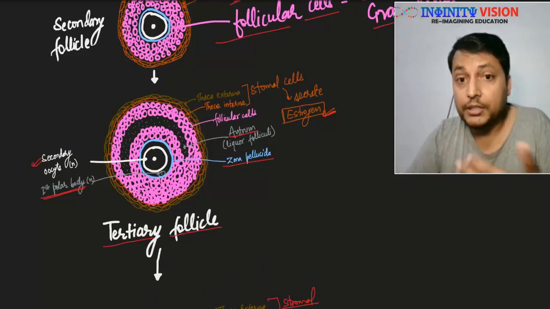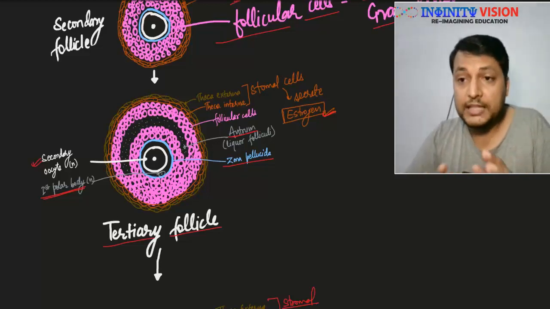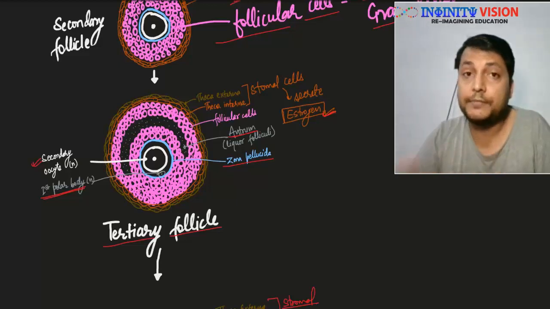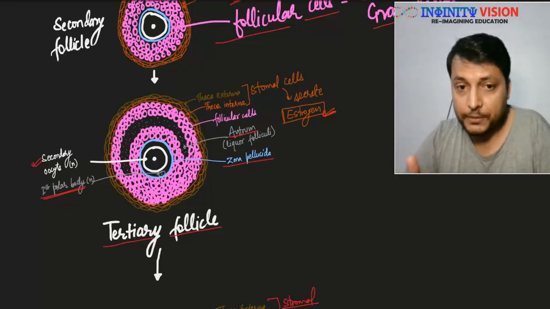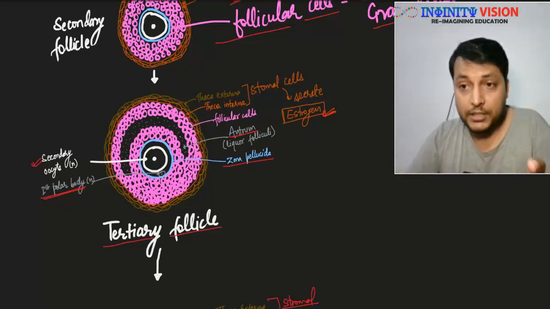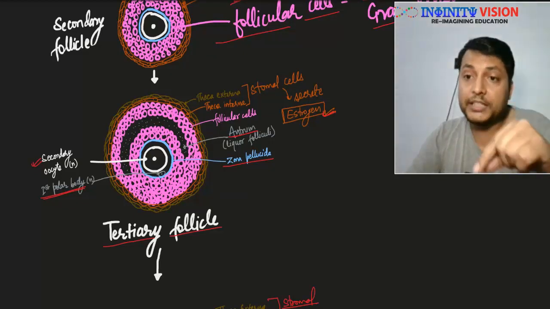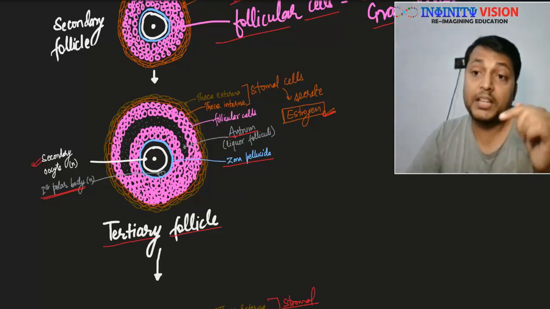And the cells of the internal theca secrete estrogen. Inside the follicular cells, an antrum develops, and this antrum is filled with a fluid called liquor folliculi. The rest of this structure persists. At the same time, by the time the tertiary follicle is formed, the primary oocyte has completed its meiosis 1.